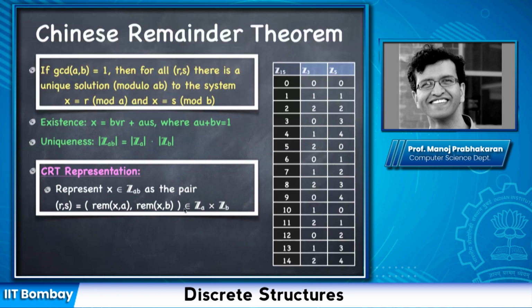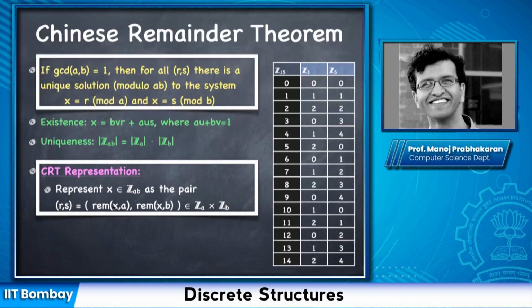And conversely, every representation corresponds to a single X. No two X's will end up claiming the same R, S, right? So it's an alternate representation. Instead of writing down the integer X, now you can write down the pair of integers, and that has all the information about X.